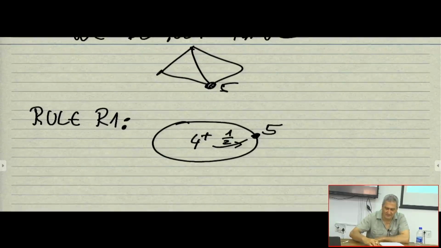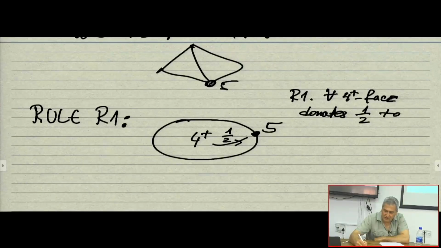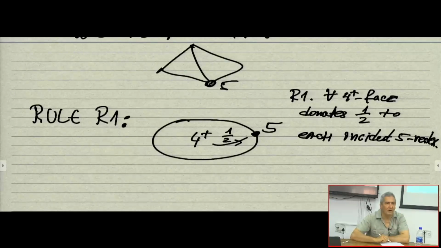With words, the rule says every face of size 4 or more donates 1/2 to each incident 5 vertex. Okay?